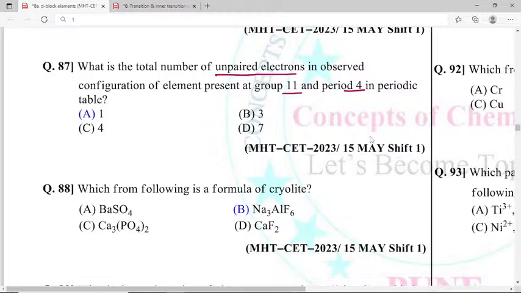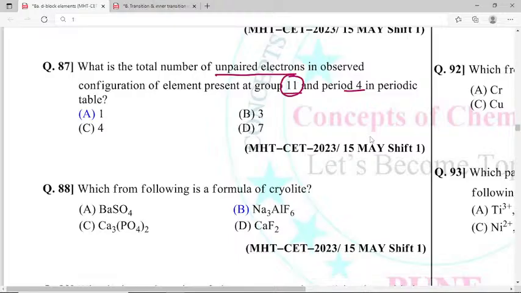So please calculate how to find the period number 4 and the unpaired electrons. Please, anyone answer it. Group number 11, so 10 plus 1, na? 10 plus 1 becomes 11. How do they become 11?